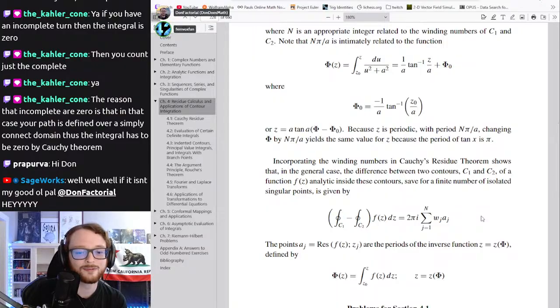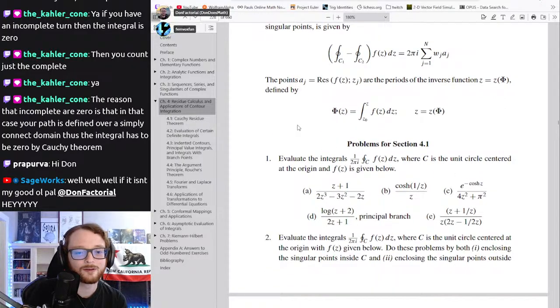Yeah, when they're talking about n pi over a, that's the same example. But then when they said incorporating the winding numbers and so on, that's just more general, I think. So I'm not quite sure what to think about that. We probably won't really need to know that. Probably not.